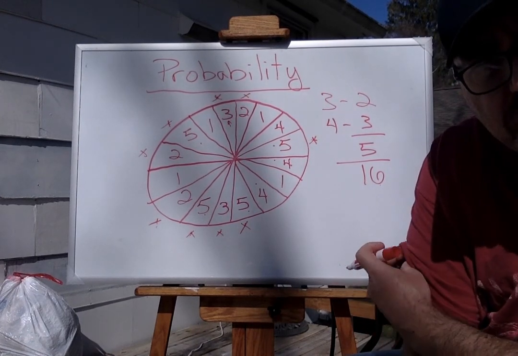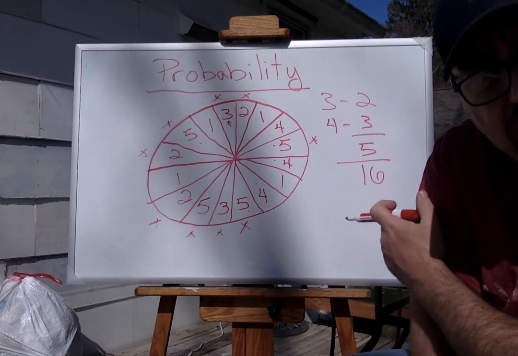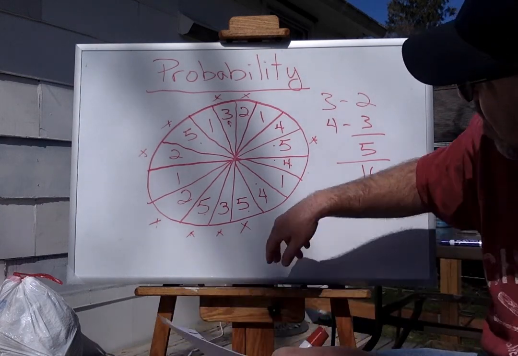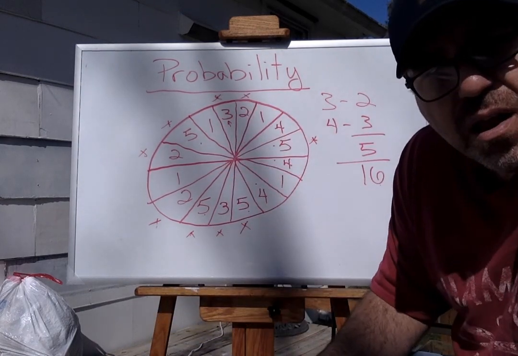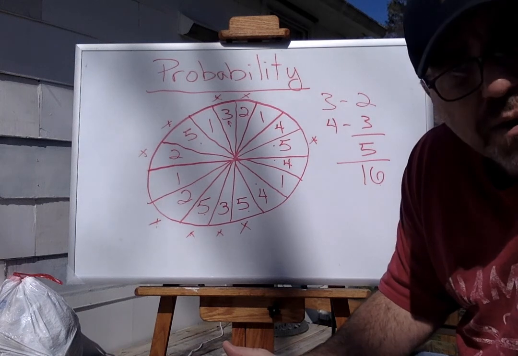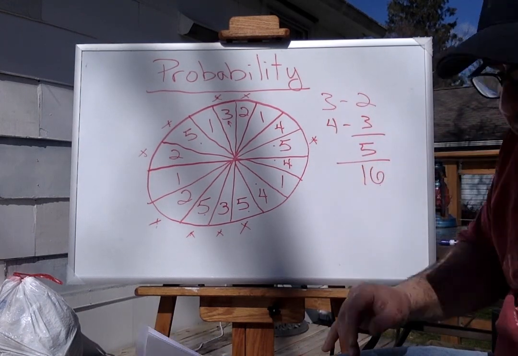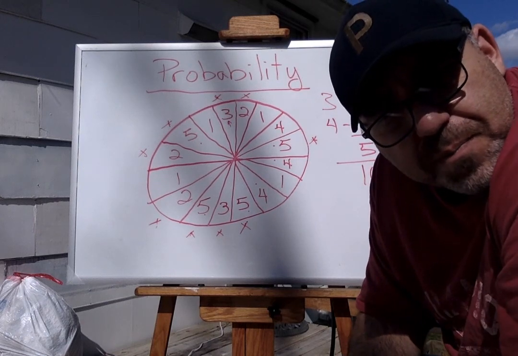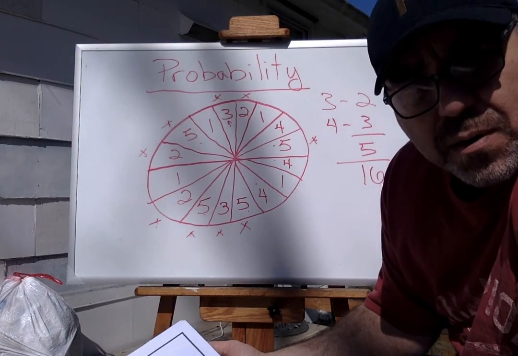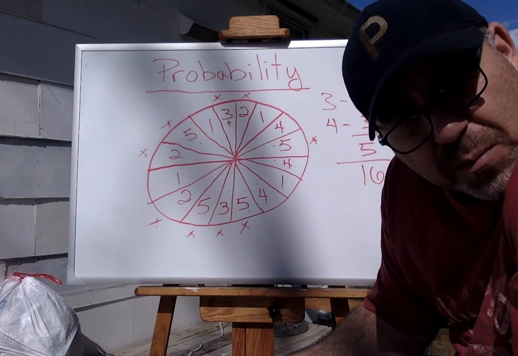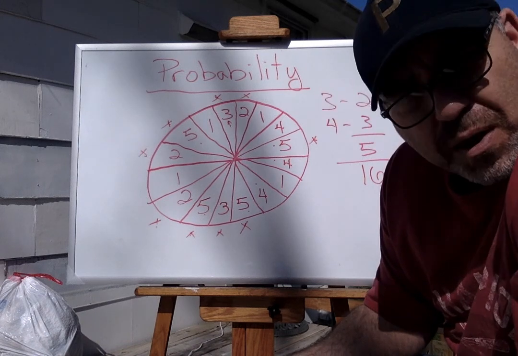So if we were to spin the spinner 16 times, same number of spaces there are, in theory, theoretically, we would land on either 3 or 4, 5 of the 16 times. Okay? Now again, is that going to happen? No, of course not, because you're not going to spin the spinner with the same amount of force every time.